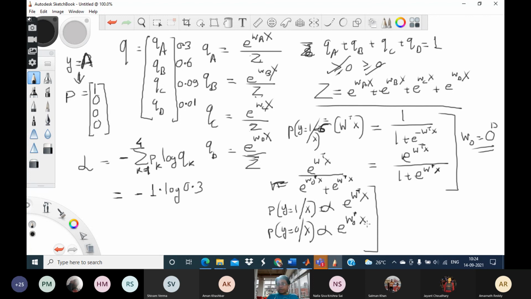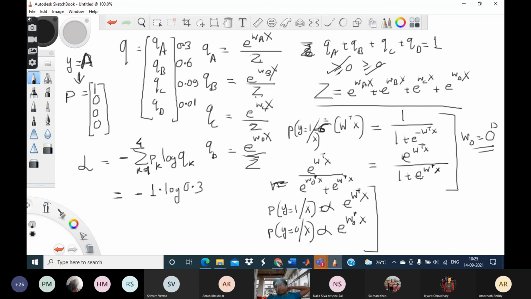Is this clear? Sir, if we can get two weight matrices, WA and WB, for two classes, then it will be similar for four dimensions exactly. Yes, if you have two things, W1 and W0, then the mapping will be perfect.